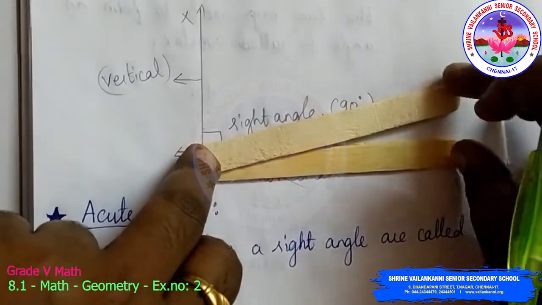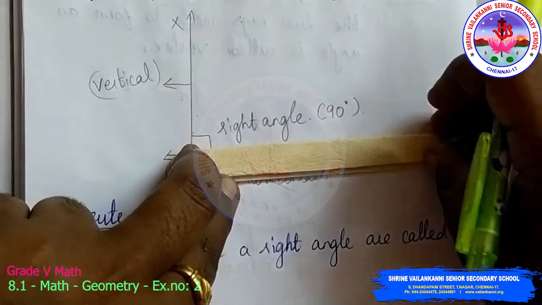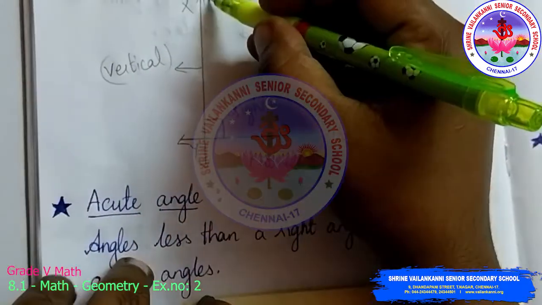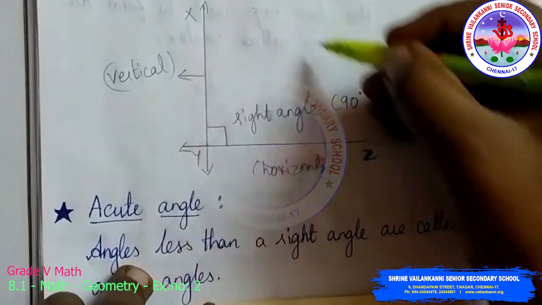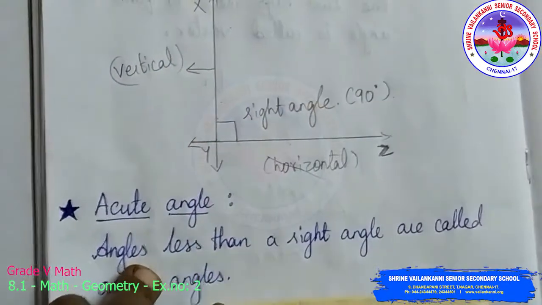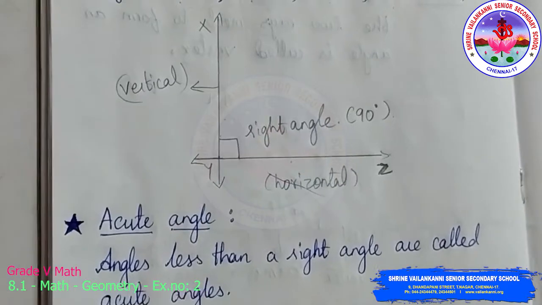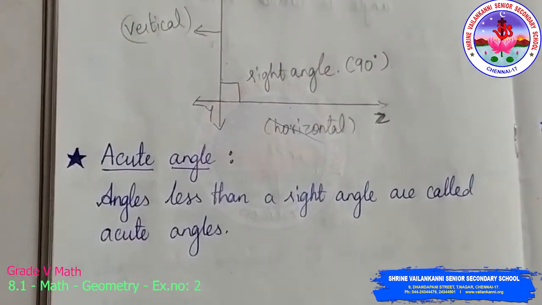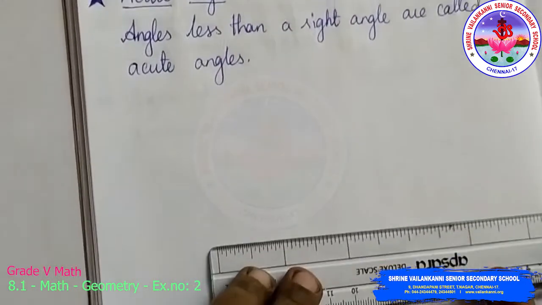Understood? Any angle or degree which is lesser than, from here to here, is generally said to be an acute angle. I can also show you one example of drawing an acute angle.